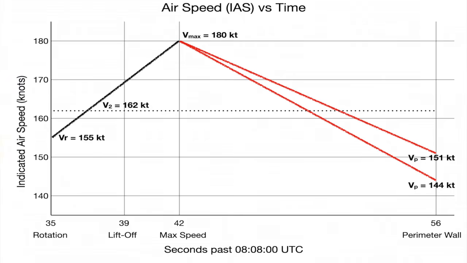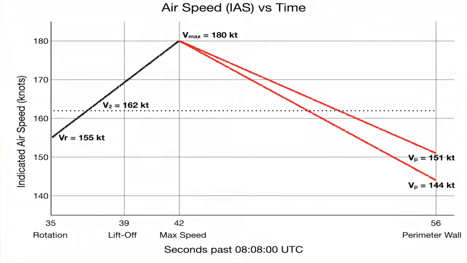At 08:08:42, just 3 seconds after liftoff, the aircraft reaches a maximum recorded airspeed of 180 knots IAS, and that is well above V2. This indicates strong initial acceleration and positive climb performance immediately after liftoff.